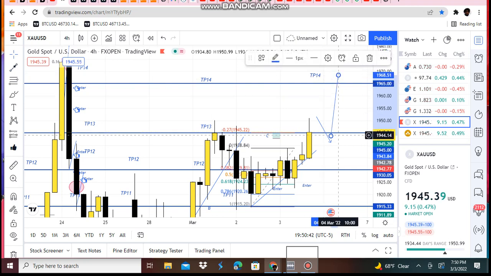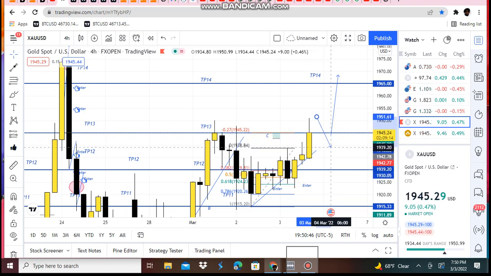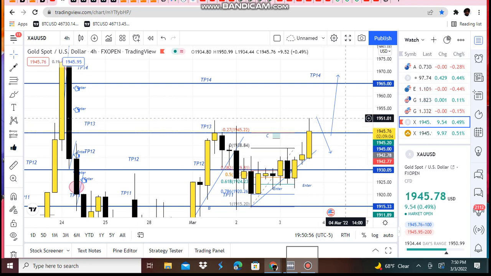We're going to see price making a higher low somewhere down here. It might even make a higher low back down to take profit 12, 1930, before making a higher high all the way up to 1965, take profit 14.